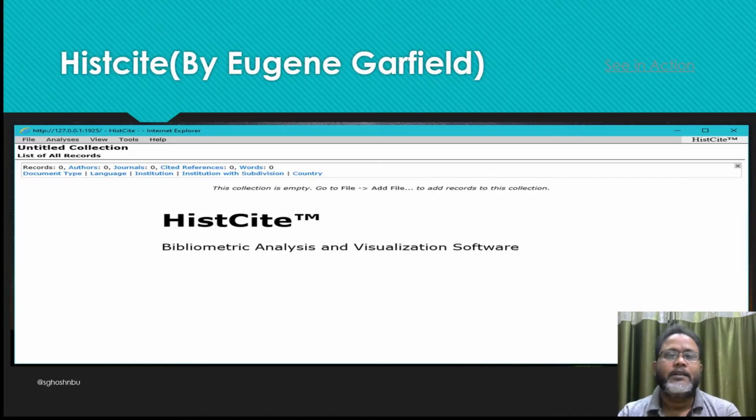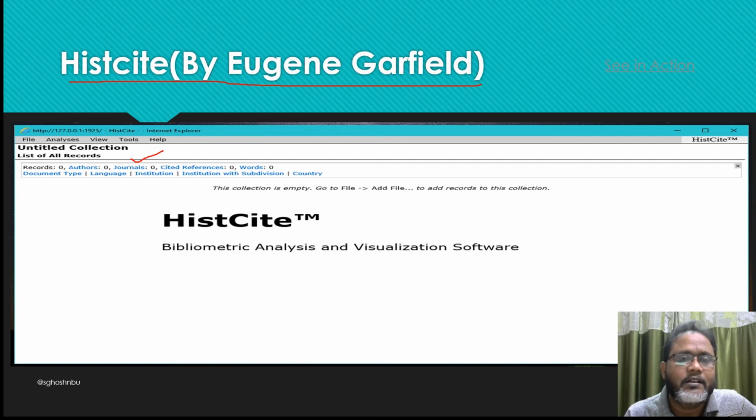And this is actually a software developed by Sir Eugene Garfield, that's Thomson Reuters. It helps you identify different types of impact factor, including the impact factor, the H index, the Google index, and at the same time prolific authors, the rank 1 journals, or the different types of cited references, everything.